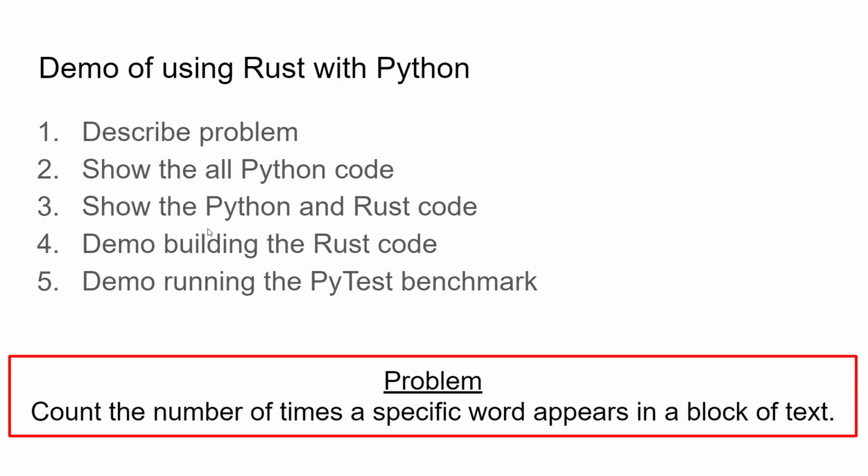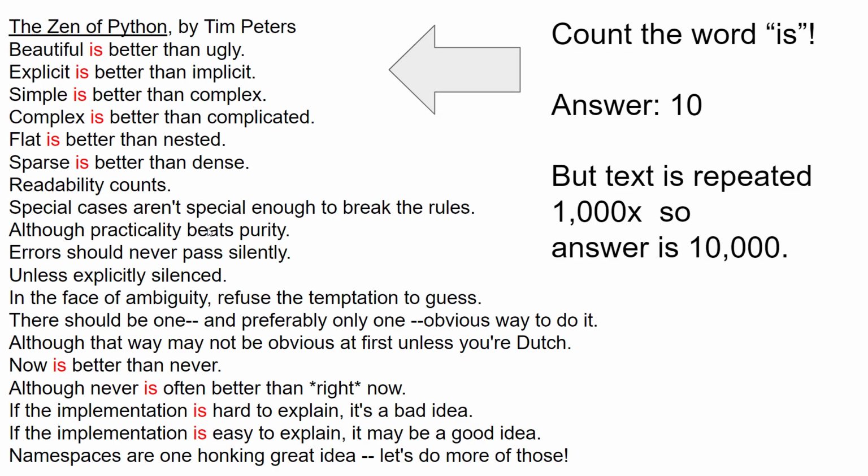So the problem that we're looking at, which you said earlier for that 17x speedup, was the word count problem. More specifically, it's to count the number of times a specific word appears in a block of text. The block of text that we're interested in is the Zen of Python poem, and the word that we're going to count is the word "is". In the Zen of Python, the word is used 10 times.